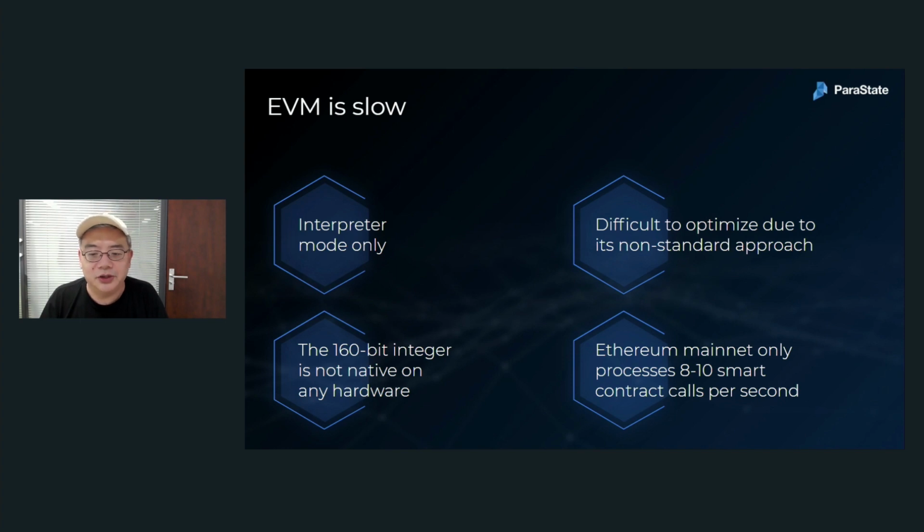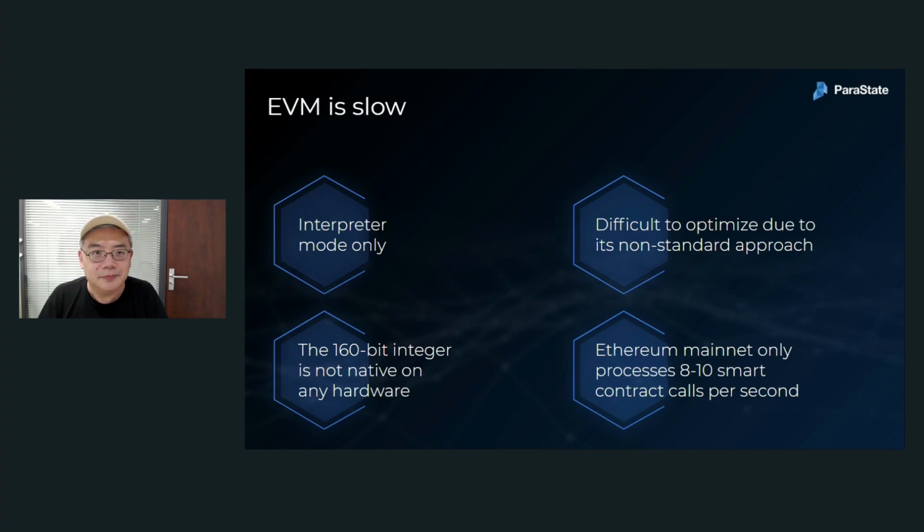It's a virtual machine that runs in interpreter mode, and it's far outside of the computer science mainstream. As a result, it's difficult to optimize because it's non-standard. It has some outside-of-mainstream features like 160-bit integers, things of that nature, that are not found in any computer hardware or other VMs, right?